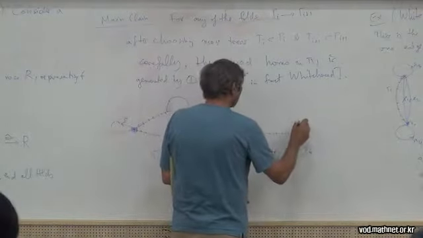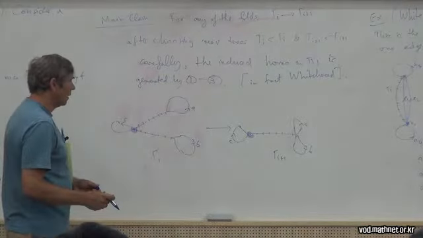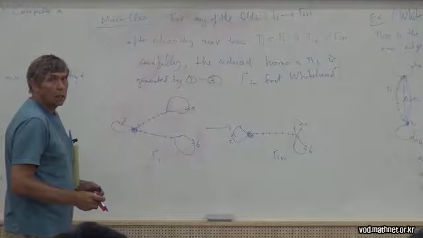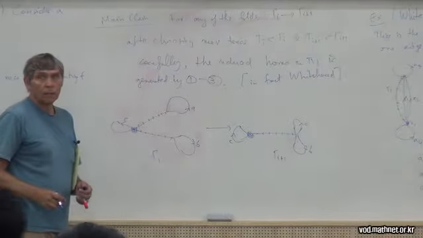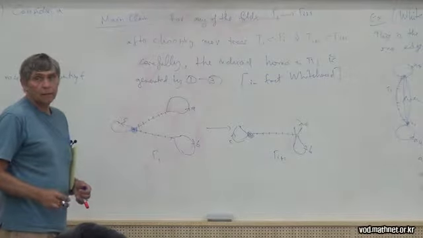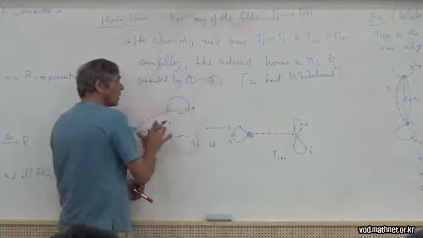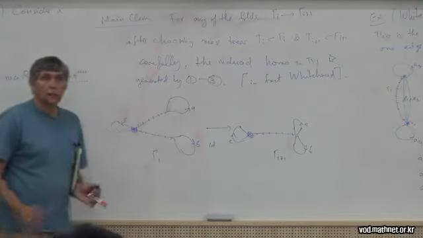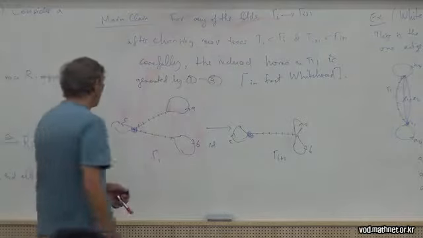So what is the map here? Where does A go? A goes to A. Where does B go? B. Where does C go? In fact, here it's the identity. So if I choose my trees and labelings cleverly, then in this case I get the identity. So this is type 1.